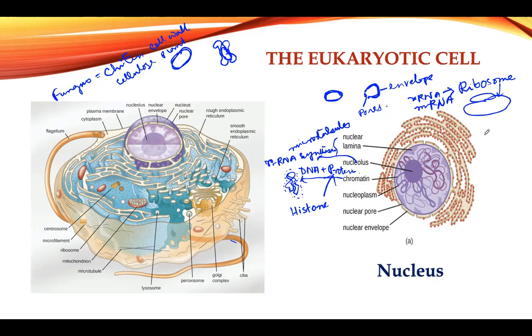When you can see the ribosome inside the cell, that means either the protein is being synthesized, or very shortly the cell is going to make protein. Otherwise, once the protein synthesis is done, the ribosome gets dissolved. So this rRNA is very, very important.